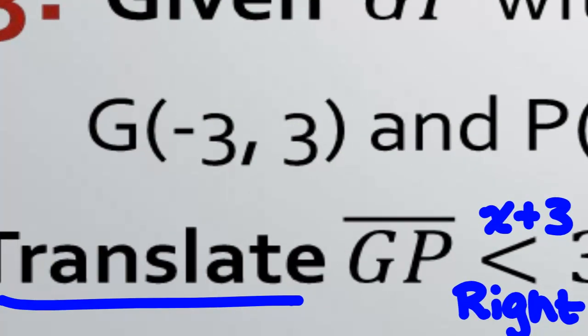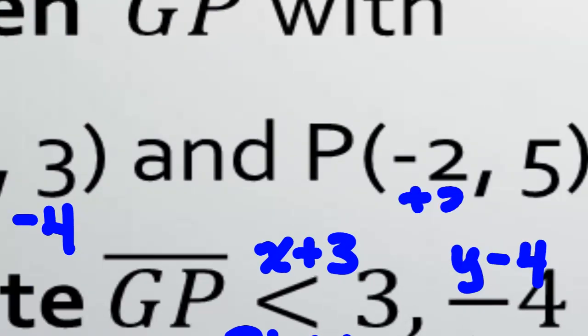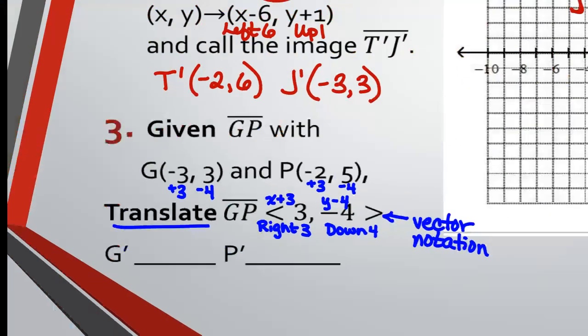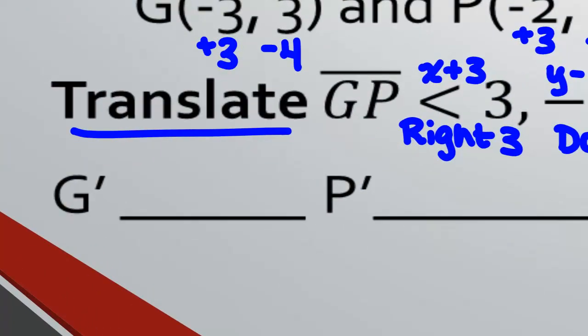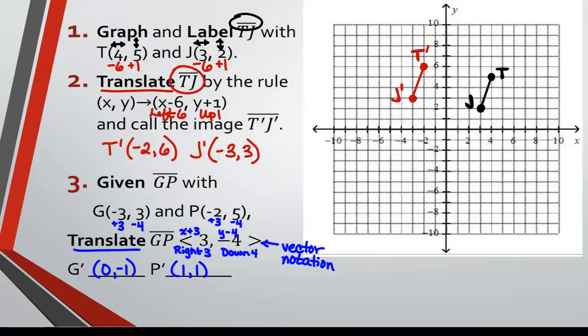So I'm going to take my x's and add 3. I'm going to take my y's and minus 4. X plus 3 and y minus 4. So G prime would be at 0, negative 1. And P prime would be at positive 1, positive 1.